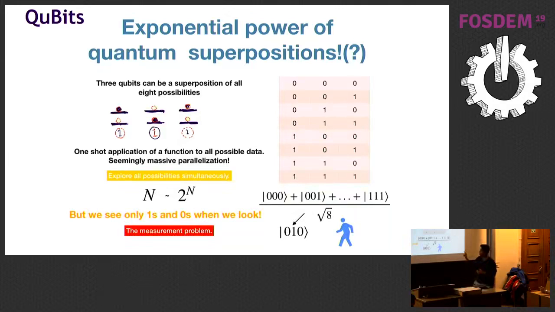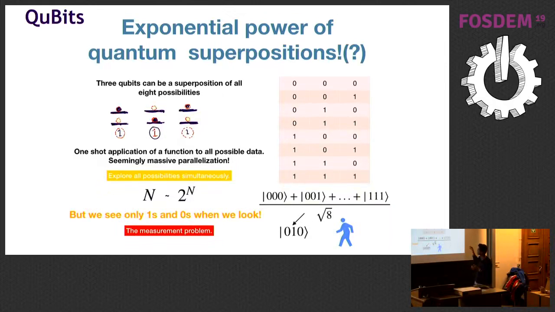But here comes the problem, which is called the measurement problem. The moment you check, you analyze, you just get one of the results, not this superposition. And as the previous speaker talked about, you have to be an intergalactic being to understand this. So this is the measurement problem, because the moment someone observes a quantum system, it collapses into one of the possibilities.